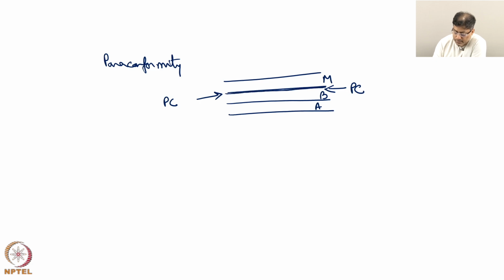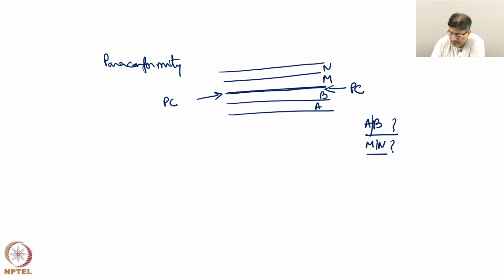The big question is, in vertical section, how do we recognize then the paraconformity? For example, why is the AB contact not a paraconformity, or above the M layer, let us say layer N is there, the M and N contact, why is that one not also a paraconformity?